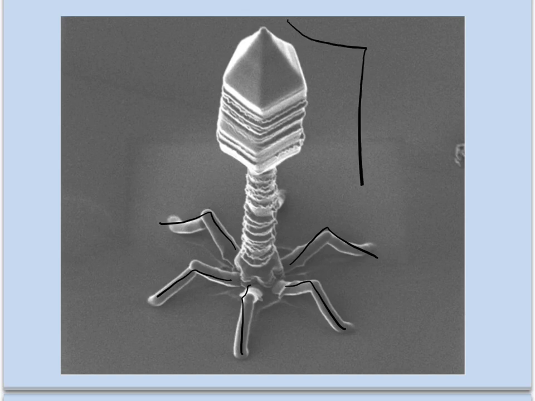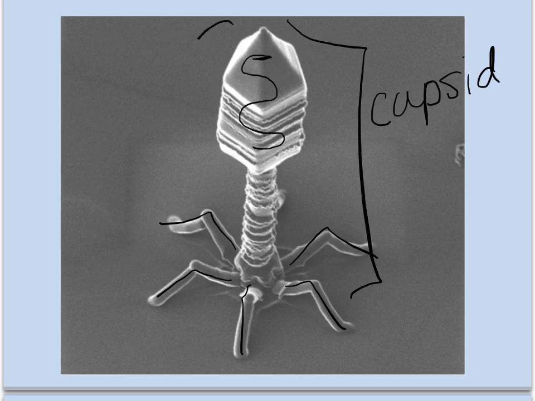All of this outside part is called a capsid, and that's just the protein coat that surrounds the virus. The virus's DNA is going to be up in here. This is called the head. And this is an electron scanning micrograph, and we'll talk more about these a little later. That's just what the picture was taken with.